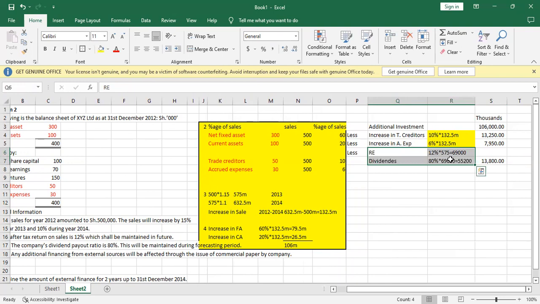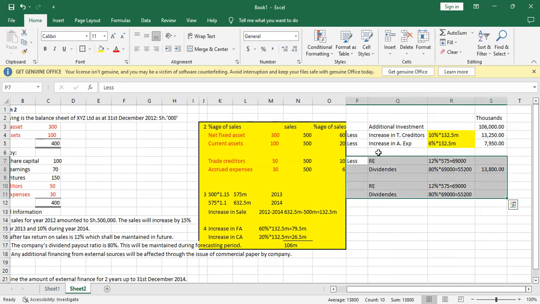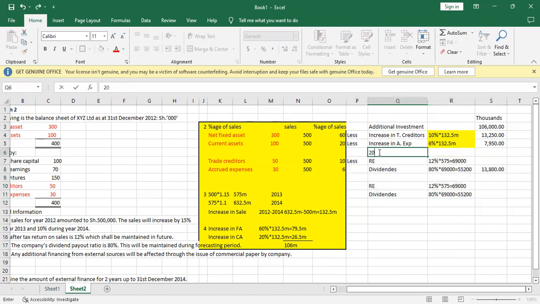Let me copy paste this, it's easier. So this is for the year 2013. This is for the year 2014.